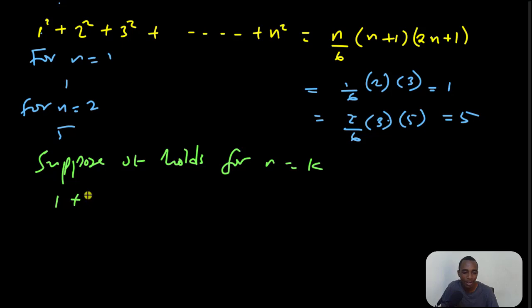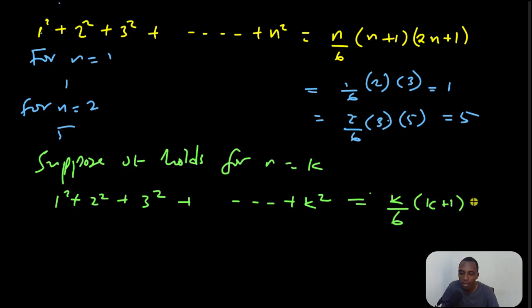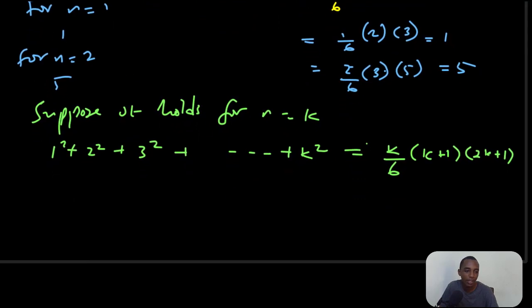So that means 1 squared plus 2 squared plus 3 squared all the way up to some number k squared will be k over 6 into k plus 1 into 2k plus 1. Now, if this holds for n equals k, the big question here is, does it hold for n equals k plus 1?